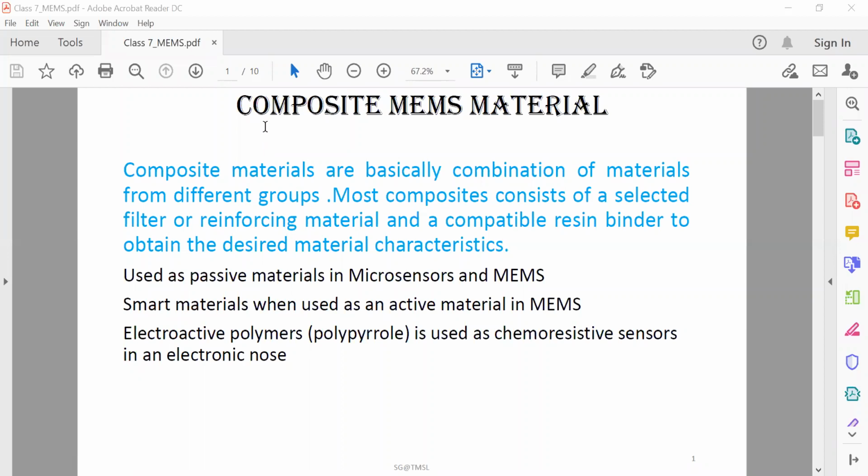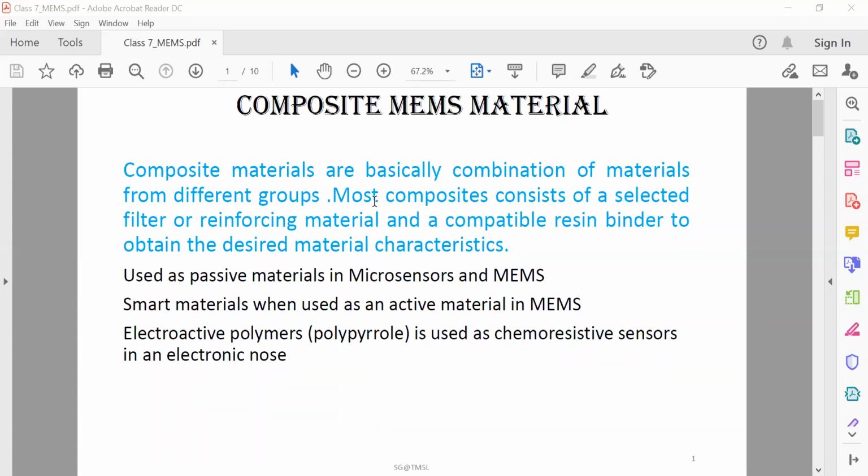Composite materials are basically combinations of materials from different groups. I mentioned four groups: metal, semiconductor, polymer, and ceramic. If you combine materials from these different groups to obtain the desired material characteristics, then it is known as a composite material.